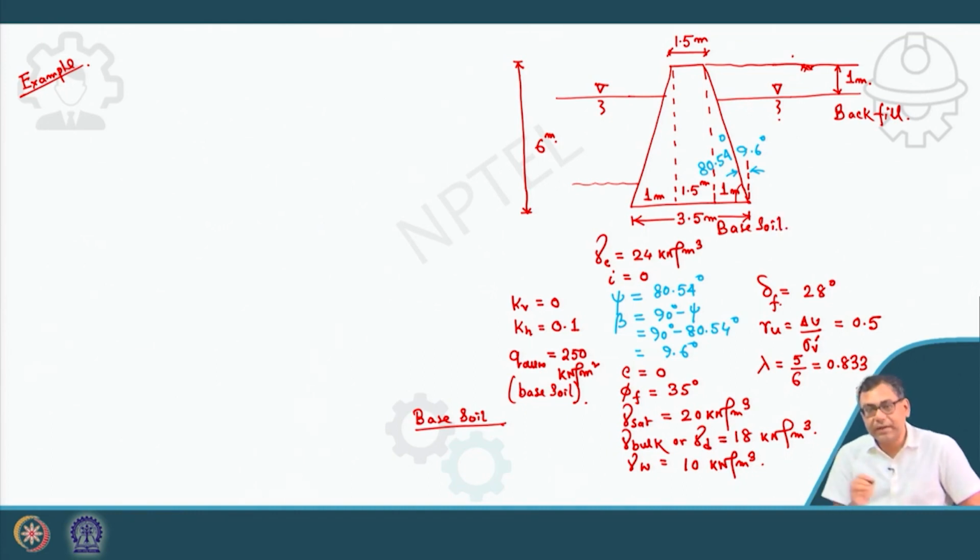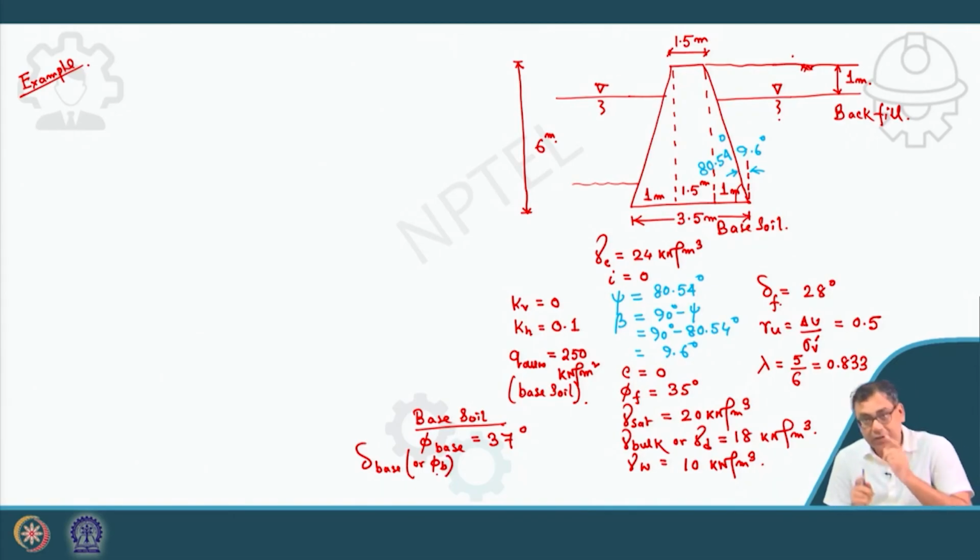Phi, the friction angle of the base soil, is 37 degree, and delta of the base, delta B, or sometimes written as phi B in a few derivations, means the friction angle between the soil and the wall material, which is given as 0.9 of phi base.